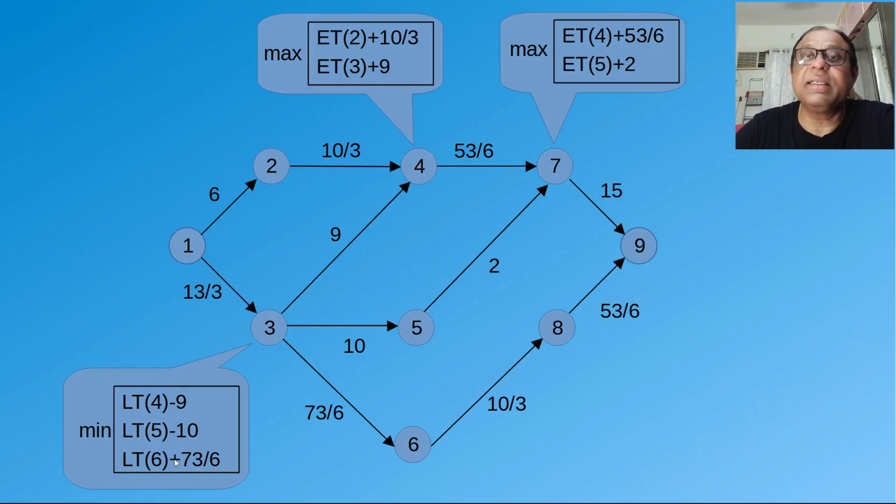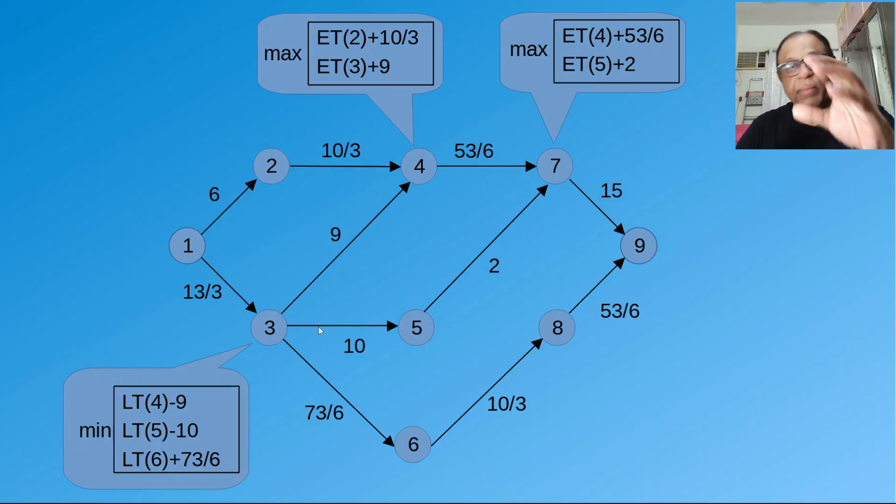The plus here is a mistake. That's a typo. It should be minus here. Just take care of that. Okay. So it's going to be LT4 minus 9, LT5 minus 10, and LT6 minus 73 by 6. Now we take the minimum of this. Okay. So the minimum of this is going to be LT3.